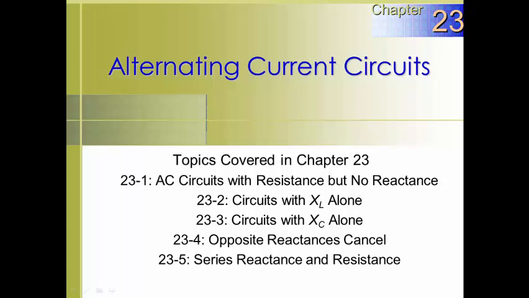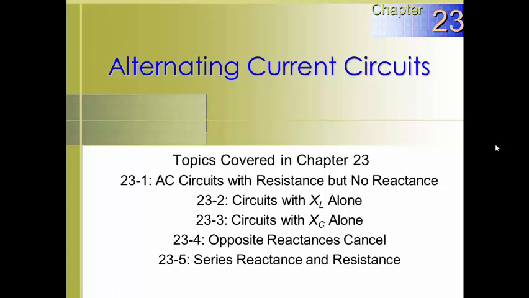Chapter 23 in this course talks about reactances, the AC circuit with resistances and reactances. We're going to look at the AC circuit with resistances alone, then with the inductive reactances alone, with the capacitive reactances alone, and then look at the reactions of the two opposite reactances, that they cancel each other out.